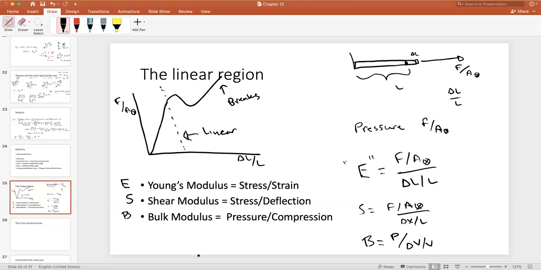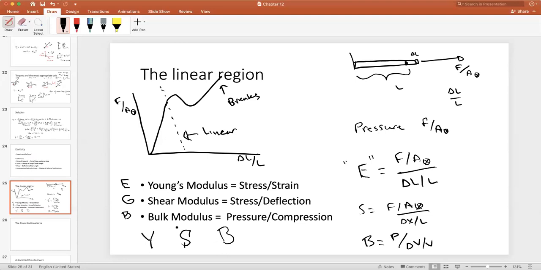Now, what you should know though is Young's modulus is usually written as Y. Oh, I'm sorry, your book actually calls the shear modulus G. I think most other things call it big S. And lastly, the bulk modulus is usually this beta.